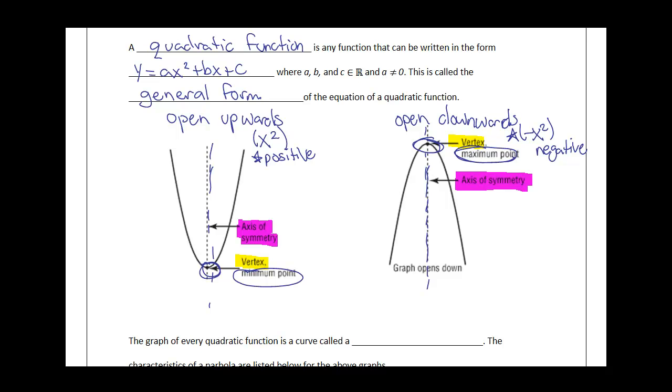It splits the graph right in half into even halves, because they are symmetrical here. So the axis of symmetry is an equation that's going to split our graph. The graph of every quadratic function is a curve called a parabola. So both these graphs here are parabolas.